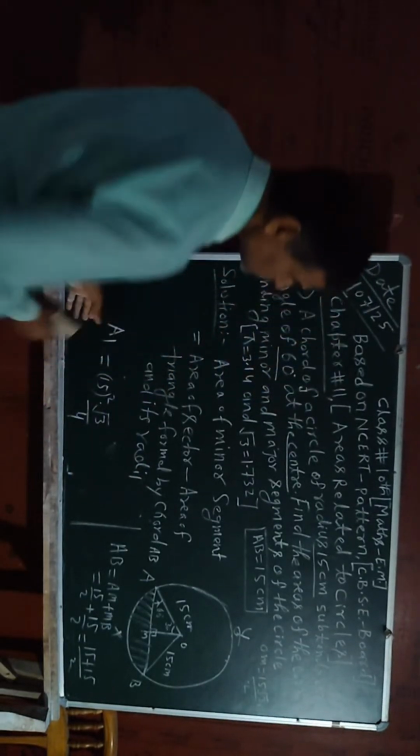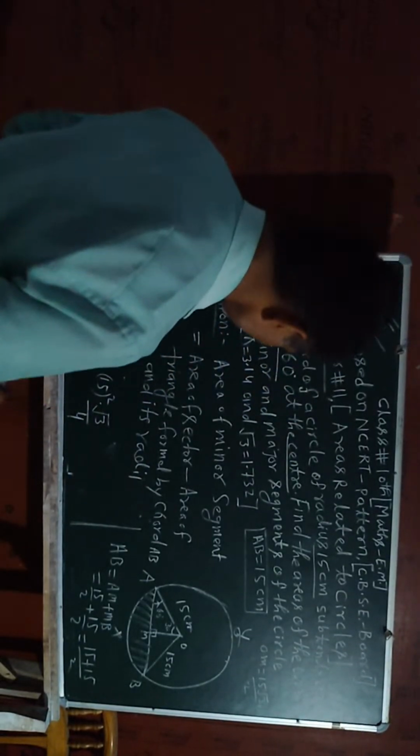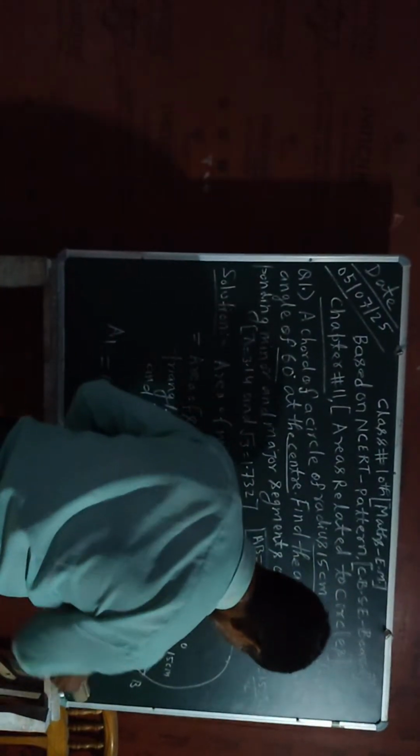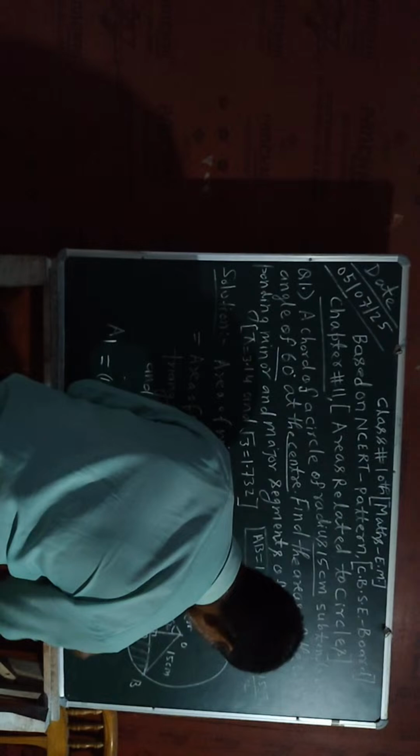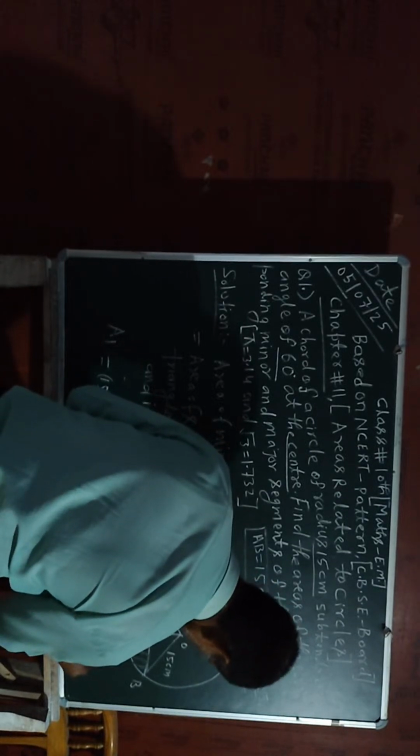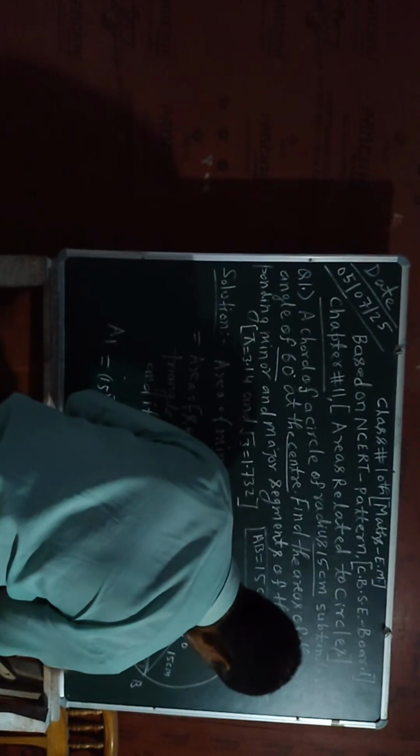Okay, so this value I will also set for further use. This is the value, and that value I will write here. A1 is equal to 15 square root 3 divided by 4 centimeter square. This is the area.